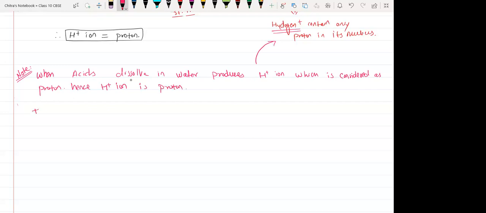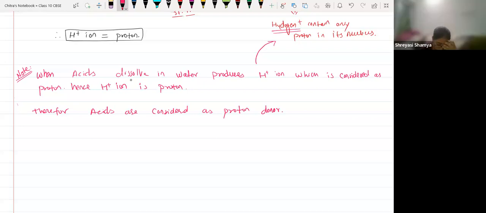Therefore, acids are considered as proton donors. Understood, everyone?